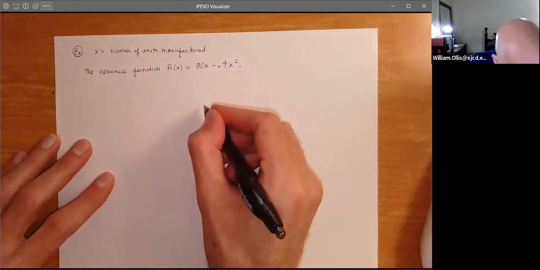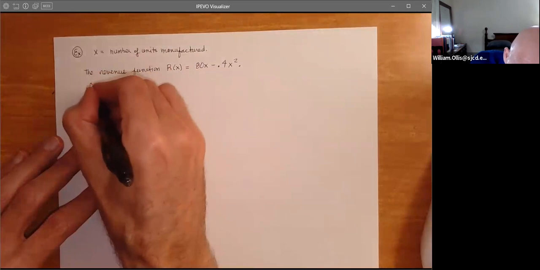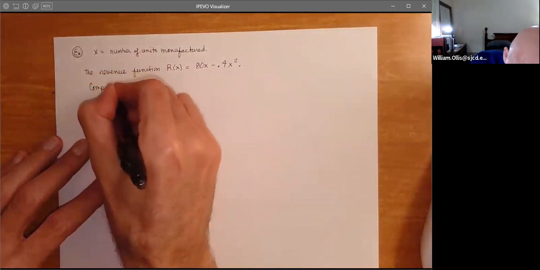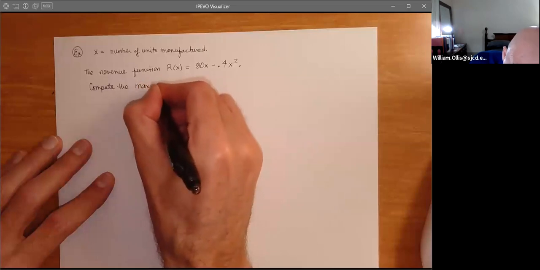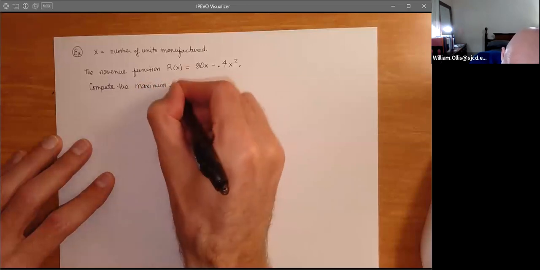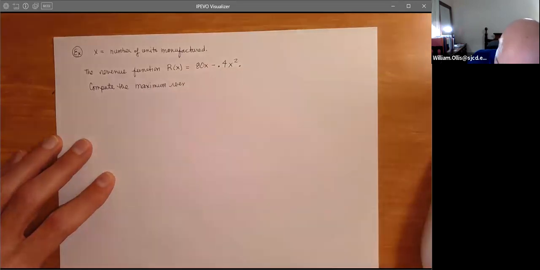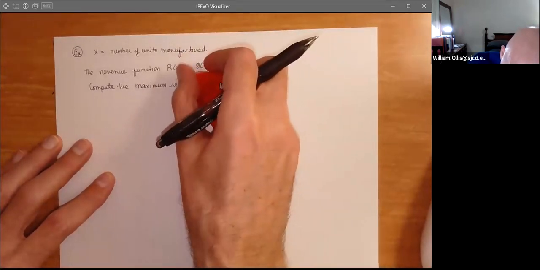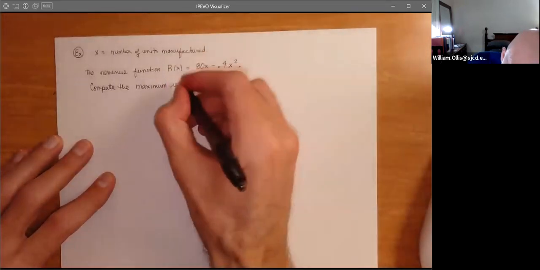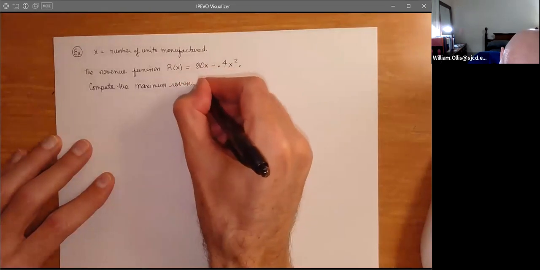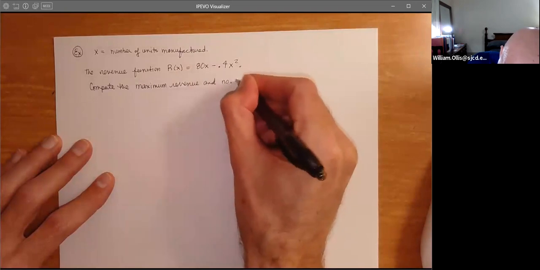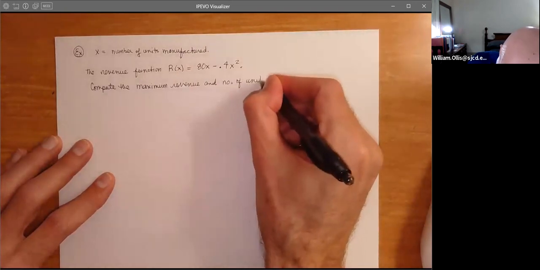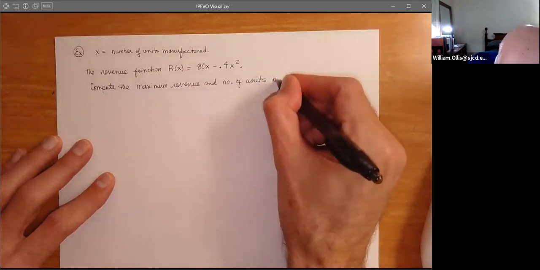And then it says, compute the maximum revenue and number of units produced or units manufactured.